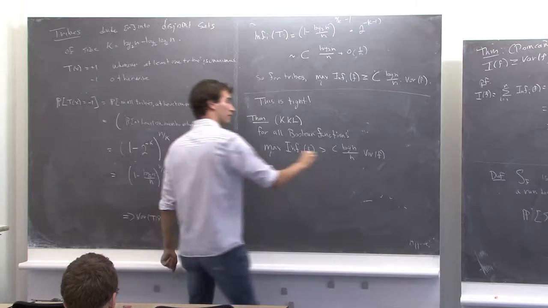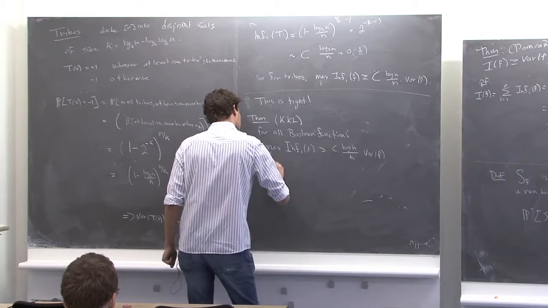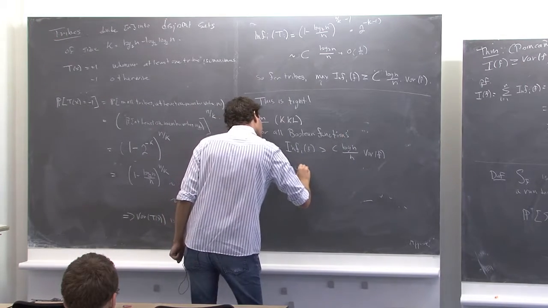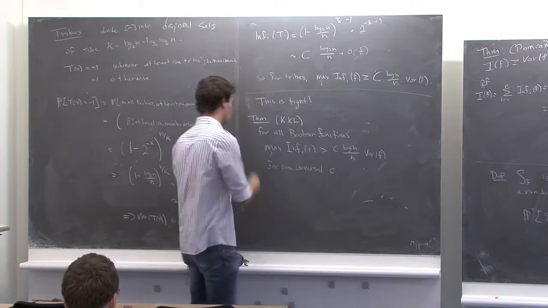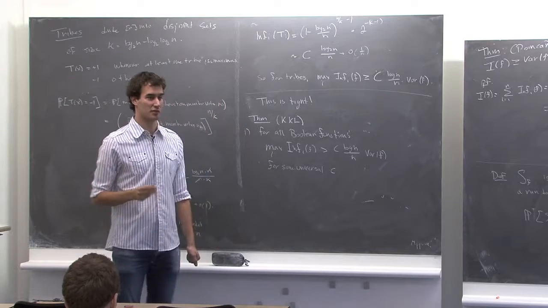There exists a universal constant such that, for some function, this is usually called the first KKL theorem.